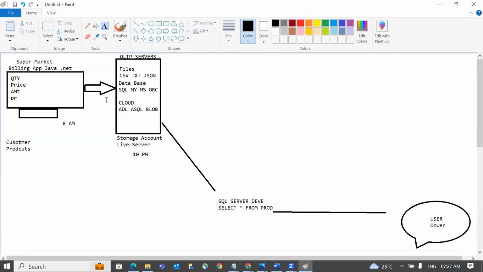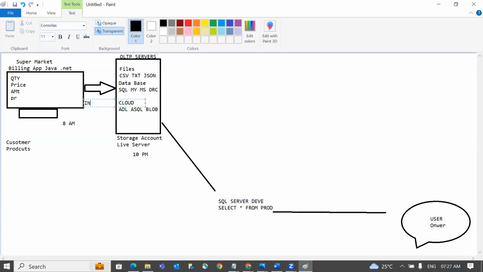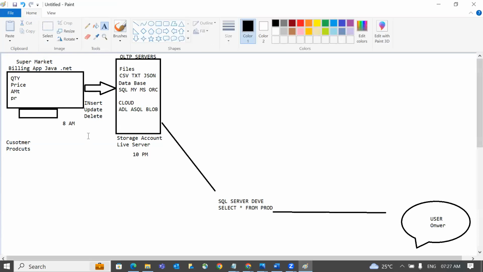When somebody purchases a product, returns a product, or deletes a product, these operations are performed on this storage. While this is happening, you cannot query, because there may be performance lag, or the application may have to wait until the process is complete.